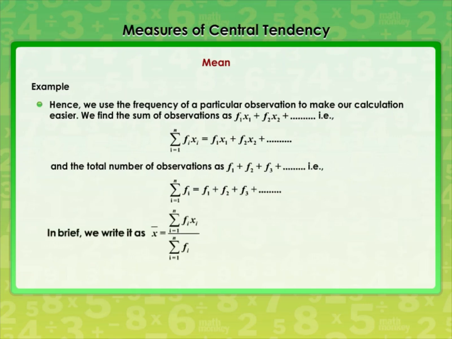In brief, we write it as x bar is equal to sigma i equals 1 to n fi xi divided by sigma i equals 1 to n fi. This formula can be used for ungrouped frequency distribution.